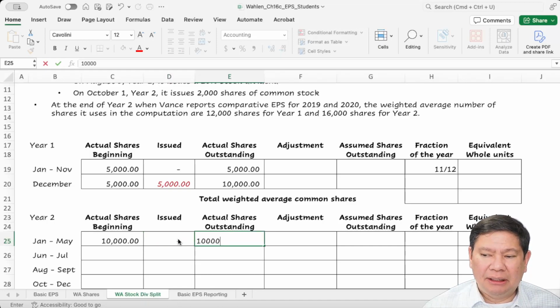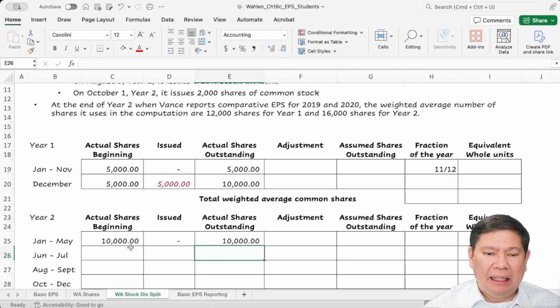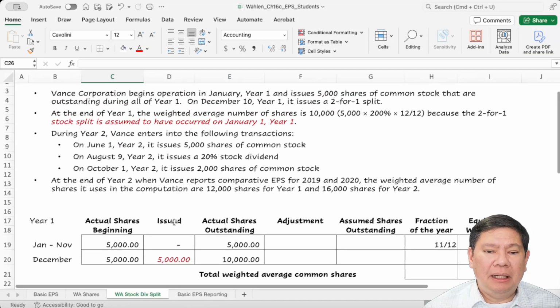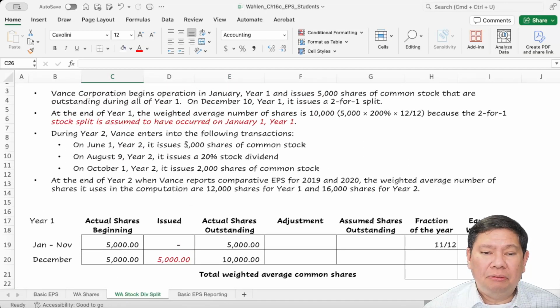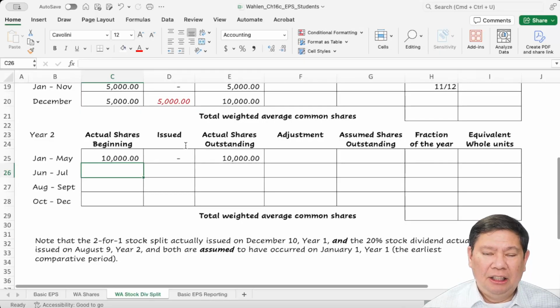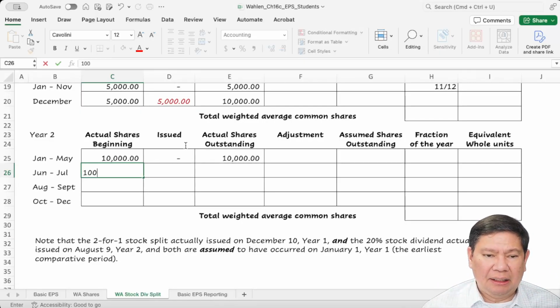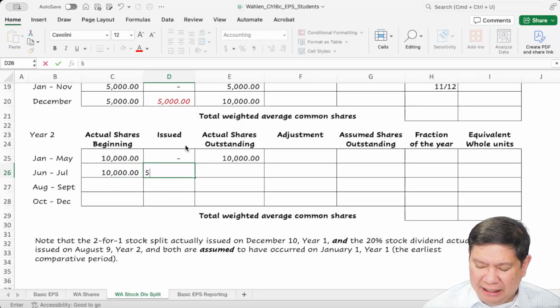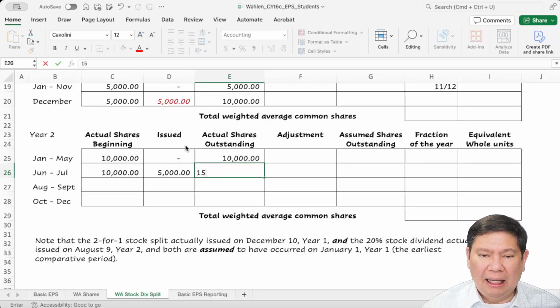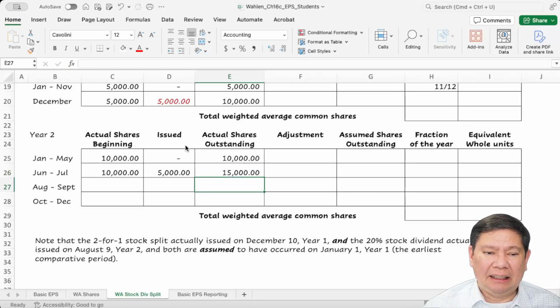It stays at 10,000 shares. But in June, they will issue 5,000 more shares. So at the beginning of June, they start with 10,000 and then issue an additional 5,000. So the total actual shares is 15,000 during June and July.